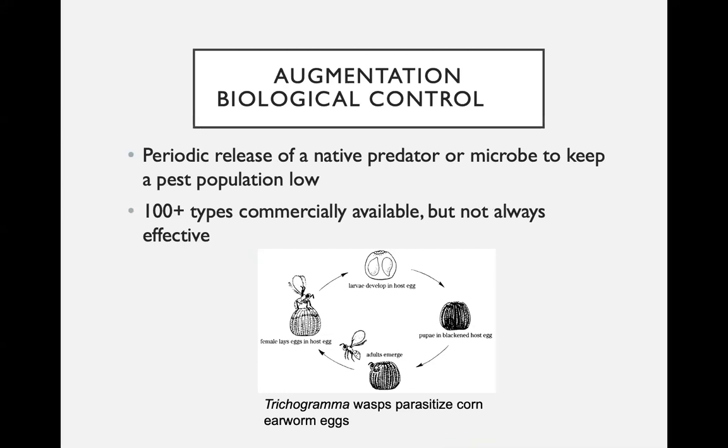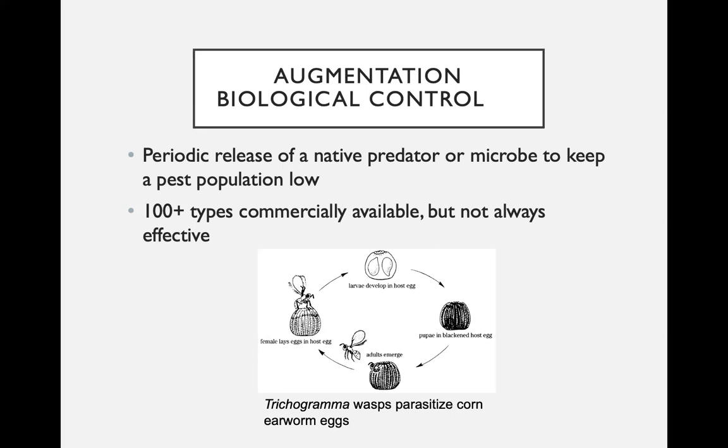But there is another type of biological control that's similar to that importation method, and this is called augmentation. This is a type of biocontrol where we would periodically release a native natural enemy or native predator, or even a microbe that's native to, say, California, to keep a pest population low.